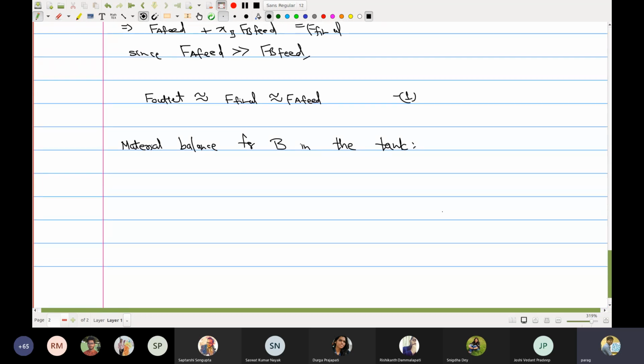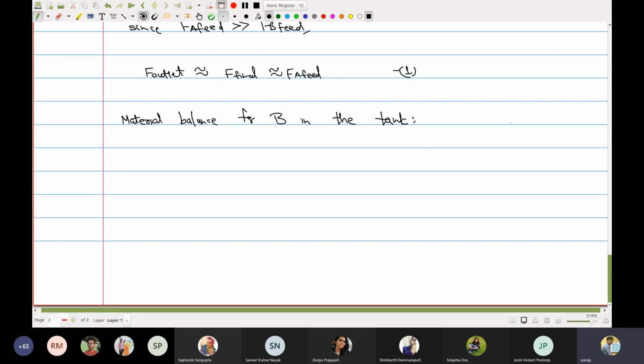So let me draw here so that I don't have to go again. So here is A, here is B, and here is the outlet. Okay. There is no B coming from A, so that is 0.